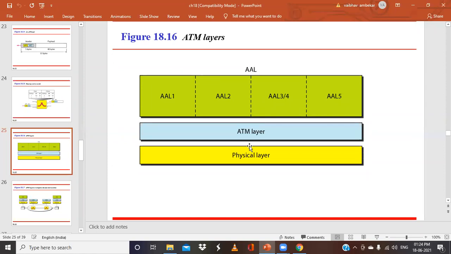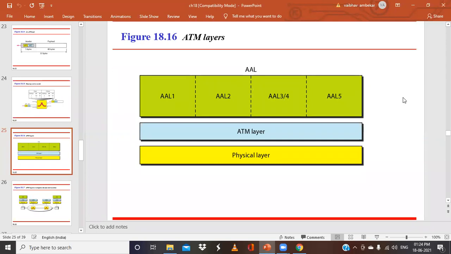Basically, at the bottom we have the physical layer, then the ATM layer, and then the AAL layer, which we call the ATM adaptation layer. This AAL is again divided into AAL1, AAL2, AAL3 and 4, AAL5 and so on. So this is the layer structure, or the layer architecture, of the ATM.